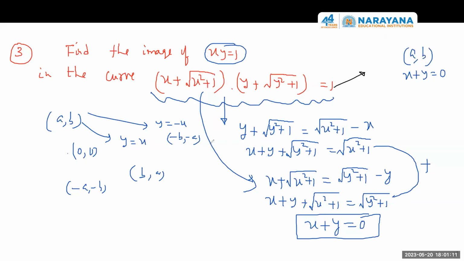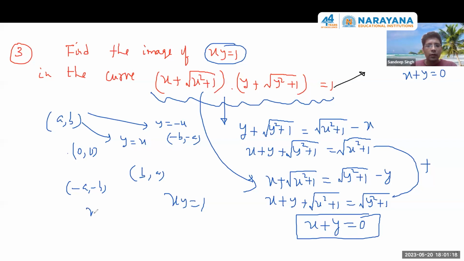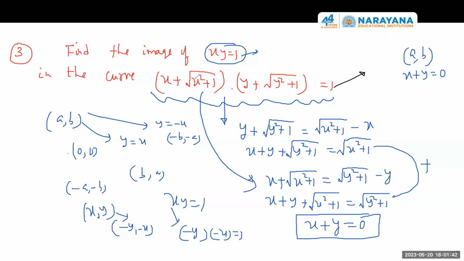So the image will be the curve itself, because in xy equal to 1, x comma y is getting replaced with minus y minus x. If I replace x by minus y and y by minus x, I get the same curve. So this curve is the image of itself. Is this clear to all?